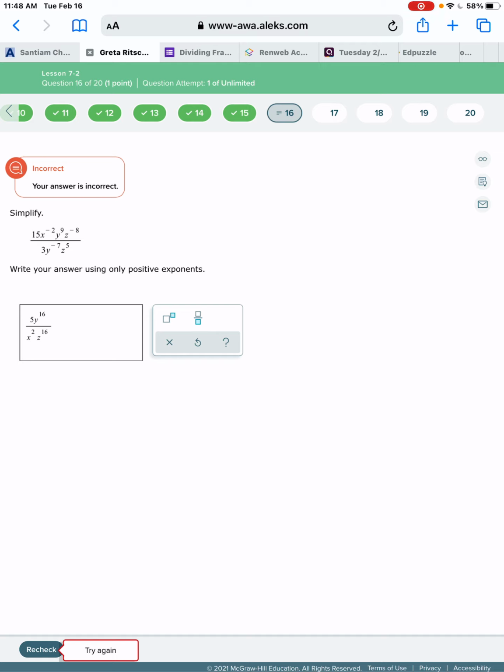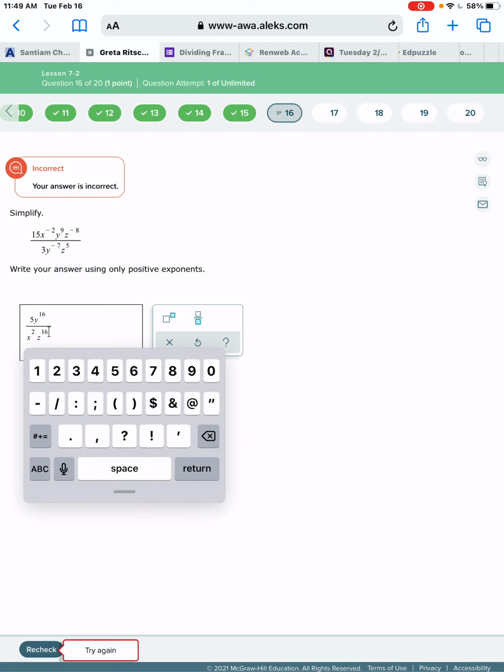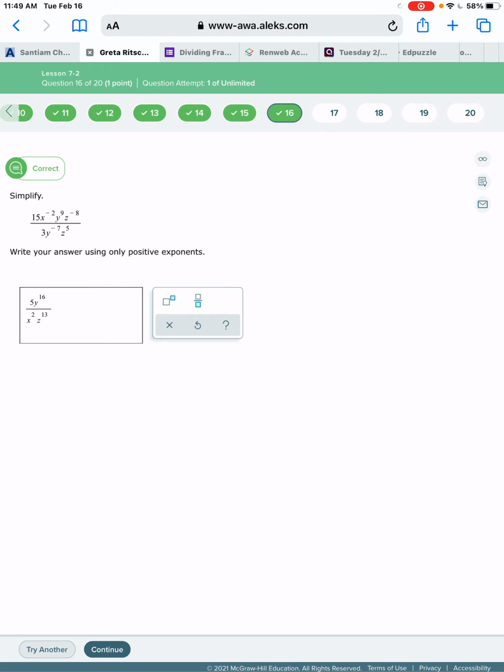What did I forget? 5. I've got the x in the bottom. 9, 16, and the negative 8 minus. Oh, I wrote a 16 instead of a 13. There we go. Easy to make a mistake. I wrote it down wrong.